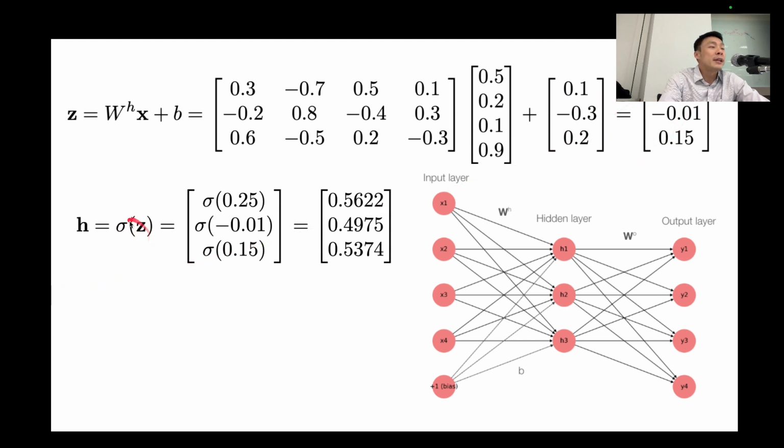And once you have Z, you take whatever non-linear activation function, sigmoid sometimes, ReLU sometimes. Then you get this vector H, which is the hidden layer activation. Okay? So it activates this much. How much it activates, activation. So how active it is.